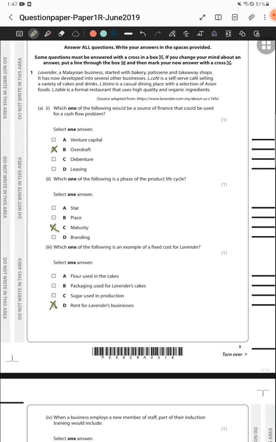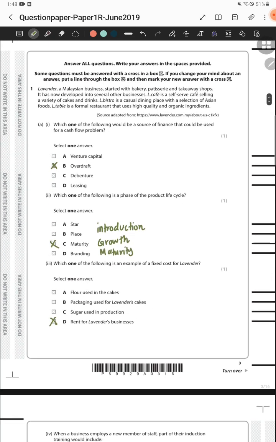So first of all, you'll be having your introduction, and then the growth phase, and then you have this maturity, and then at some point you'll have decline, which is the last. Now the product is no longer good or effective, or it's not selling anymore, so the last phase is decline.